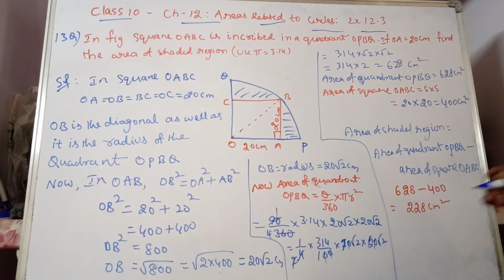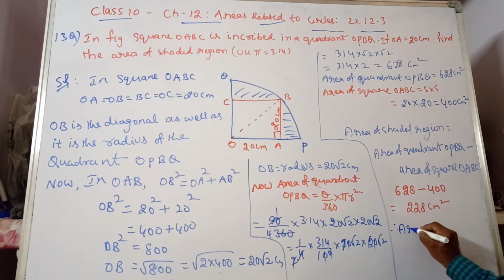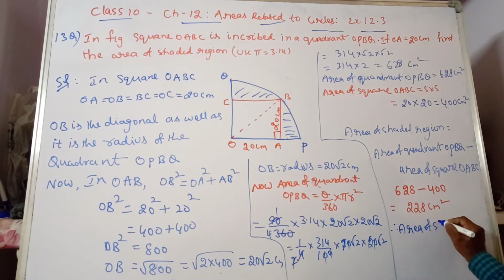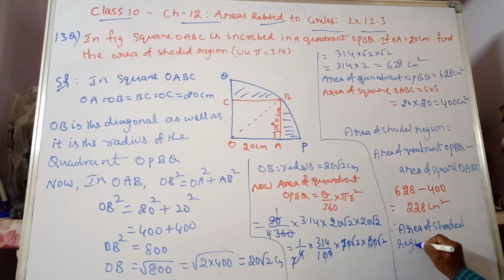Therefore, area of the shaded region is equal to 228 centimeter square.